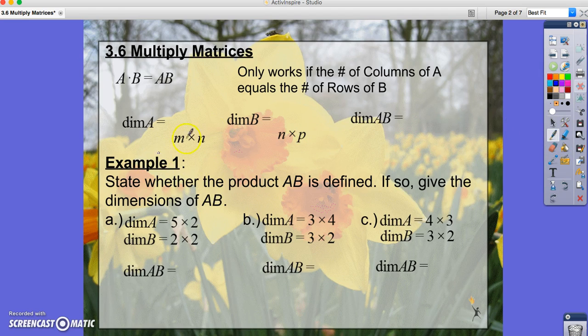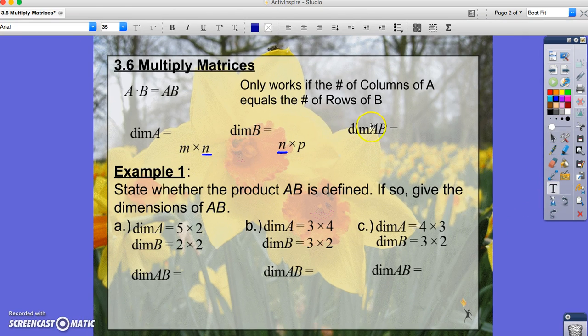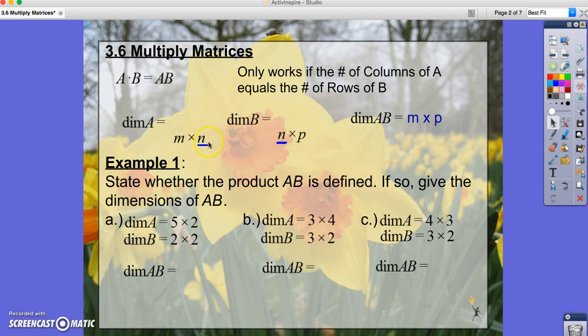Do you see how the number of columns, rows by columns, matches up with the number of rows of the other one? Do you guys see how they both have an n? Well, if the middle number repeats, the number of columns of A and rows of B, the kind of matrix it will form is an m by p. And where did I get that from? Do you see how n repeats? So what's left? m and p there.